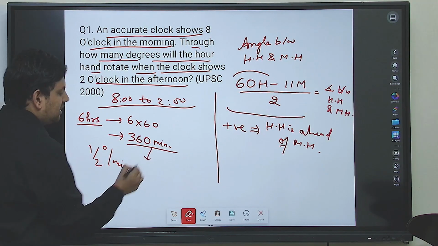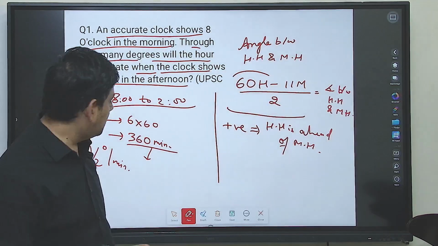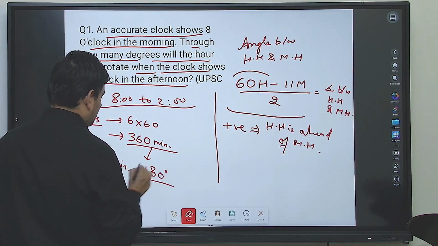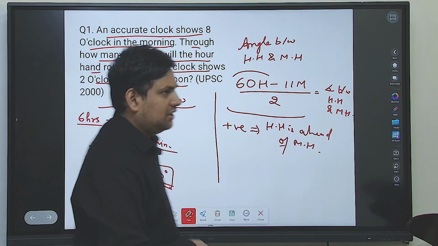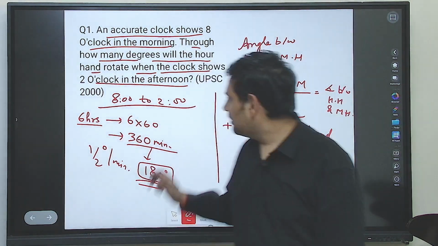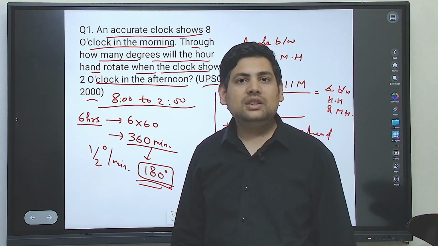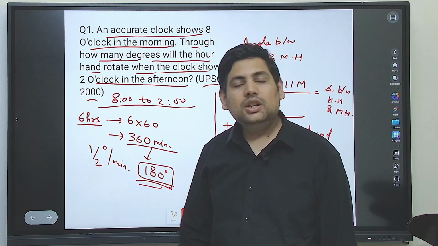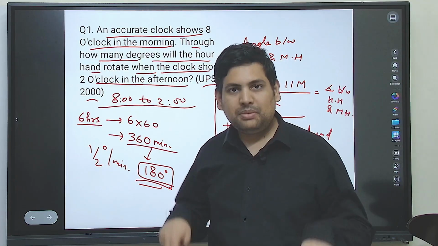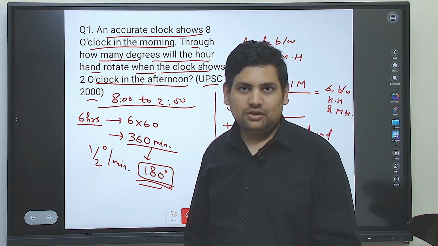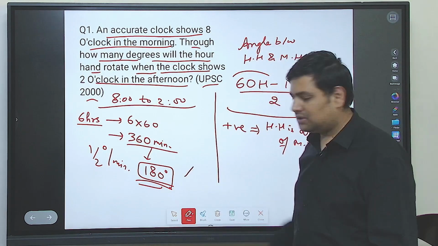Total minutes are 360, so it will rotate by 180 degrees. Understood? Simple. This was from UPSC 2000, when the whole paper used to be conducted and there were questions from aptitude also. So the answer is 180 degrees.